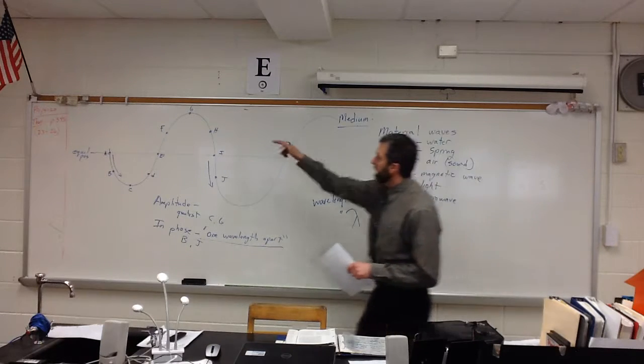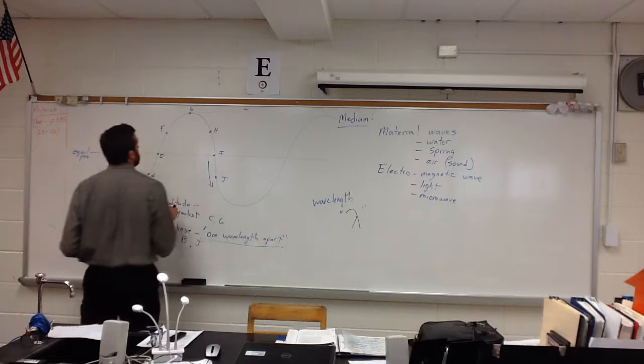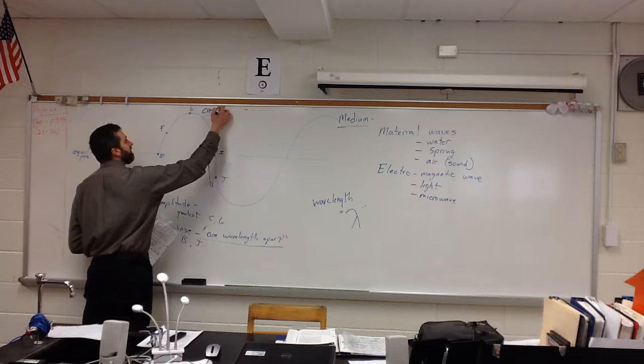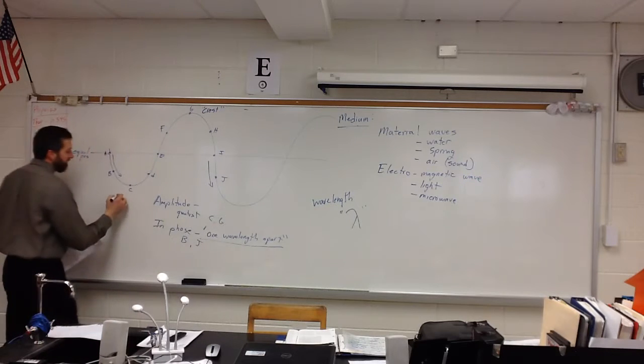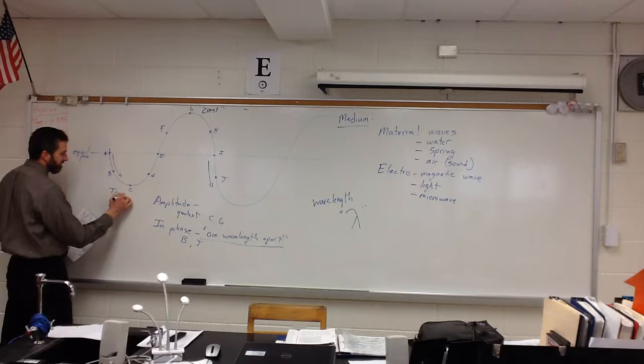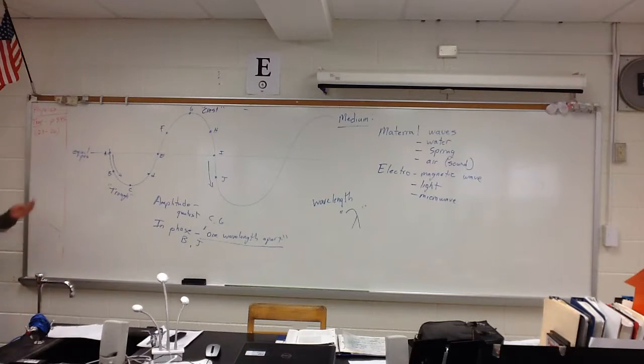Now the other things you should have labeled on this picture, back to the picture for a second, is when you get to a high point, that's called a crest. And when you get to a low point, that's called a trough. So you have a crest and a trough of a wave.